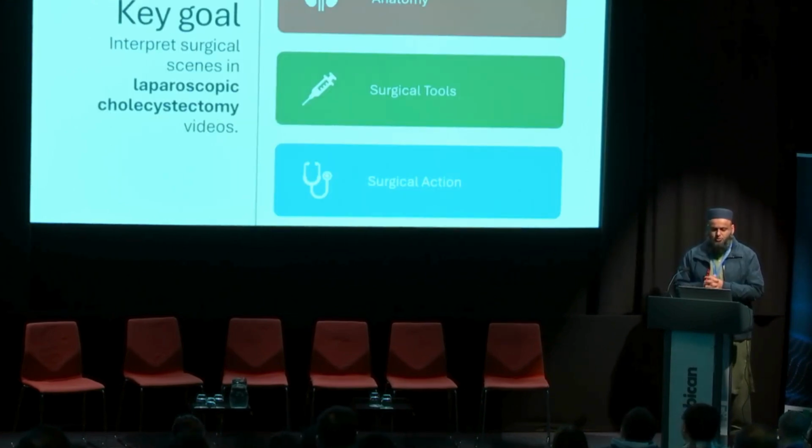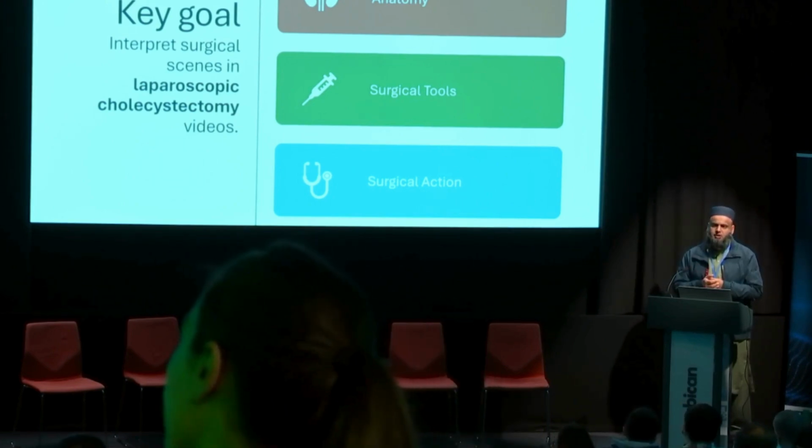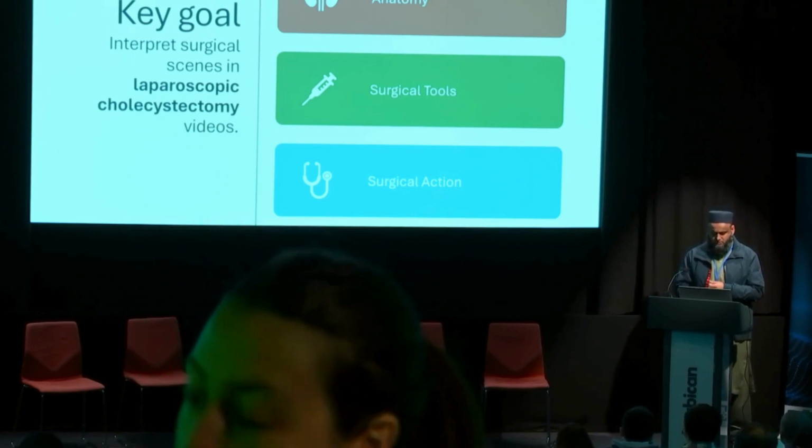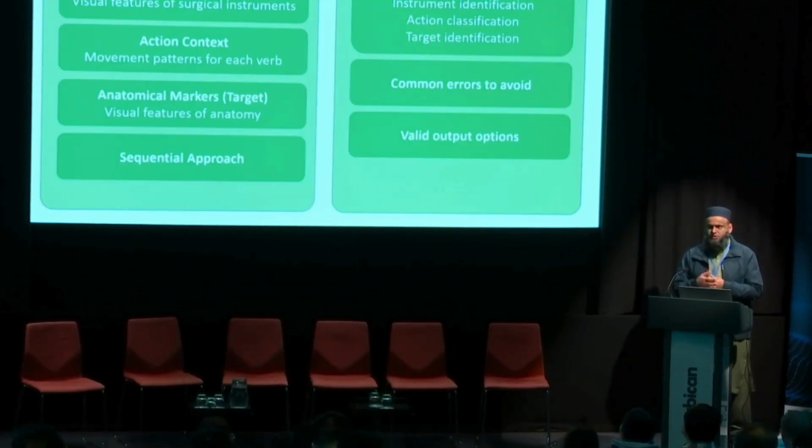And the idea here is to identify the tissue that exists in the surgical video, and identify the surgical tool or the instrument, and to identify the current surgical action. So what we did was, after multiple iterations, multiple attempts, we developed a prompt, and we realized that instead of using a single prompt, if we embed context information, it does help the model to improve the performance.